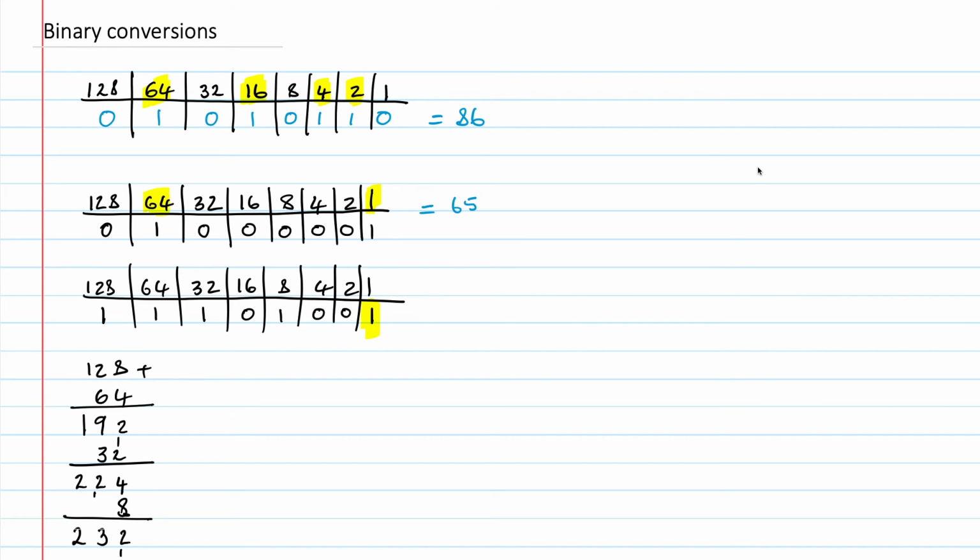So I can tell you now, this number is going to be 233. It's a simple process, but as you can see, it's a process that you're going to go through a few times.